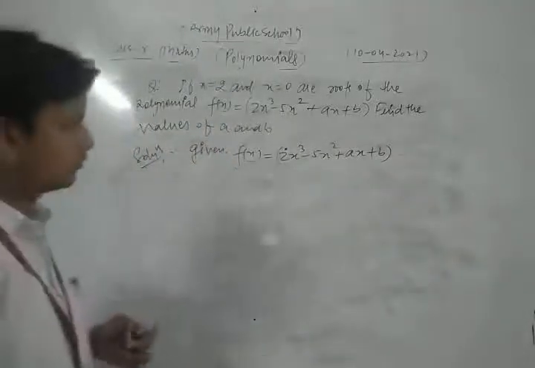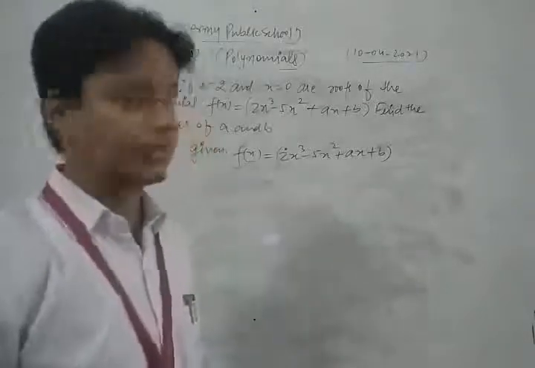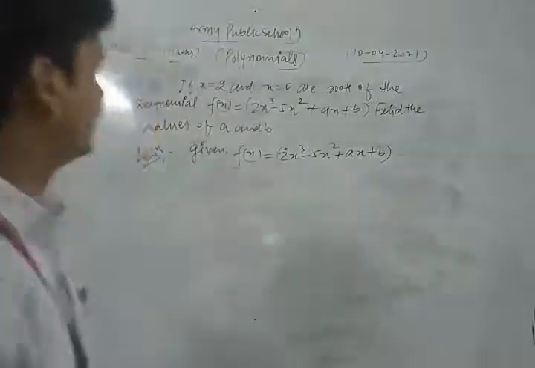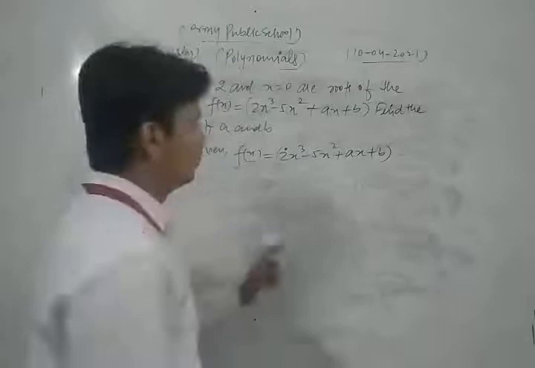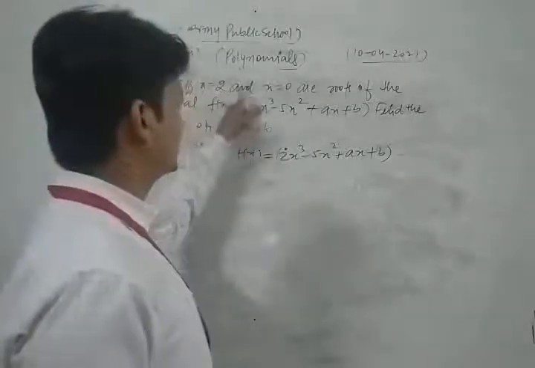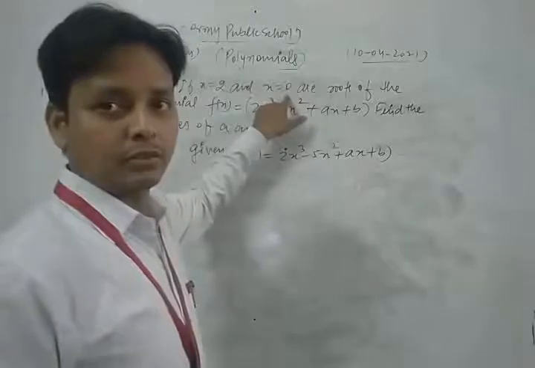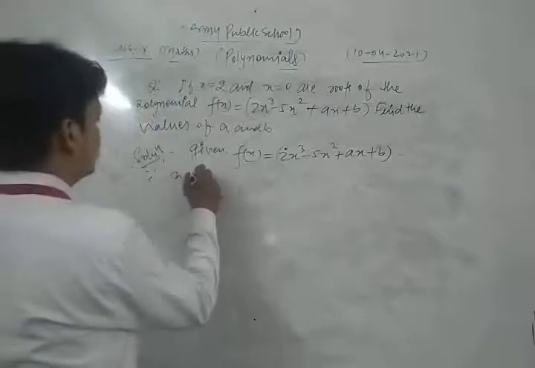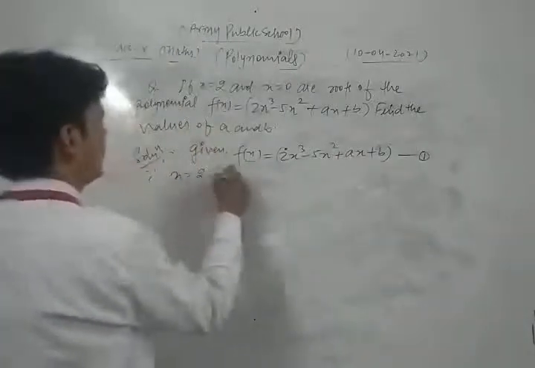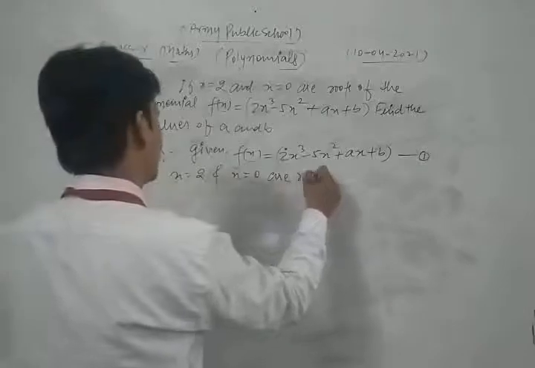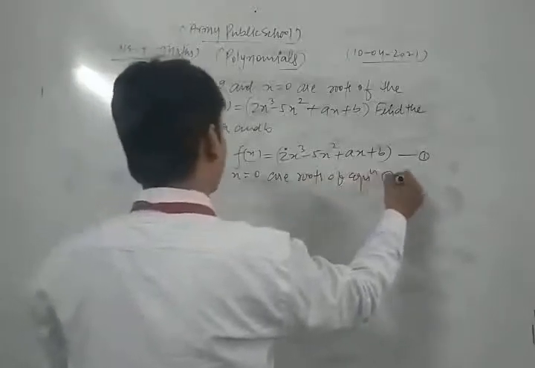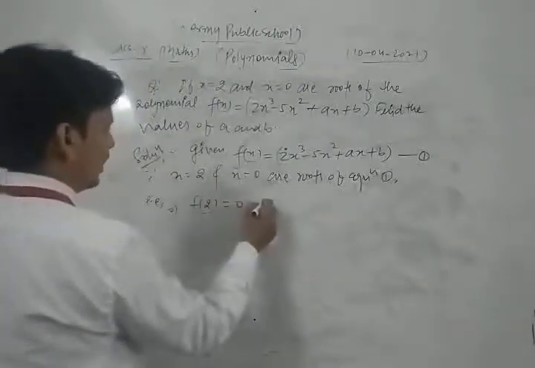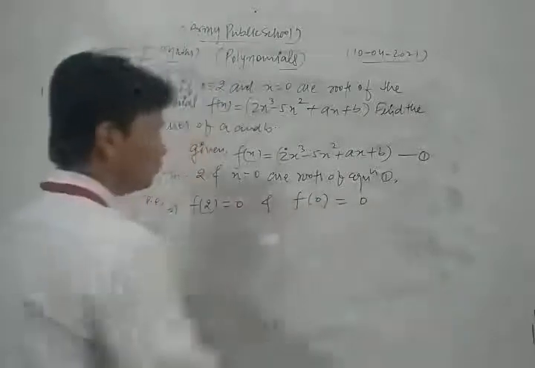Since x is equal to 2 and x is equal to 0 are both roots of equation 1, we have f of 2 must be equal to 0 and f of 0 is also equal to 0.